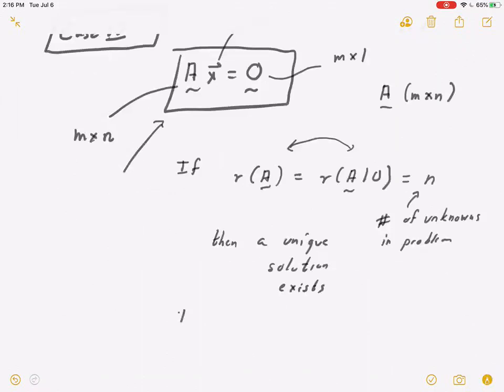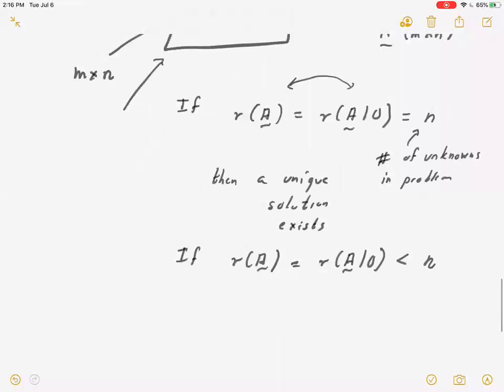You can similarly find out, once you calculate the rank, that if the rank of the coefficient matrix A equals the rank of the augmented matrix, but both of those are less than the number of unknowns in the problem, then you have a case where there are an infinite number of solutions.